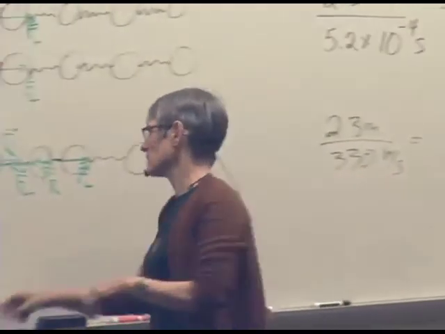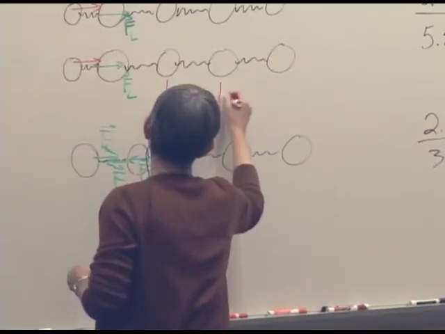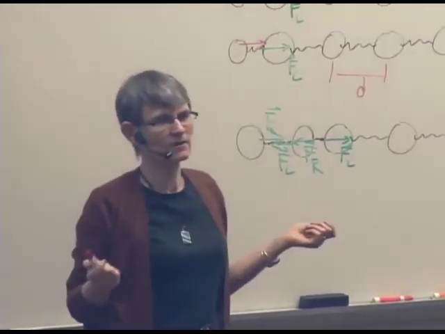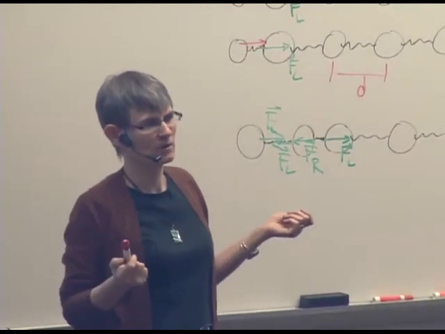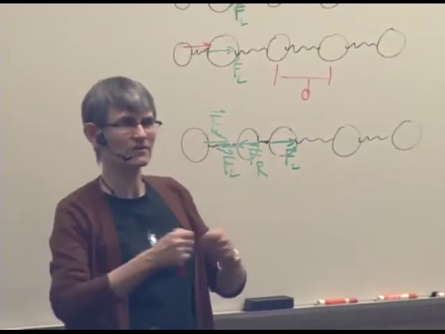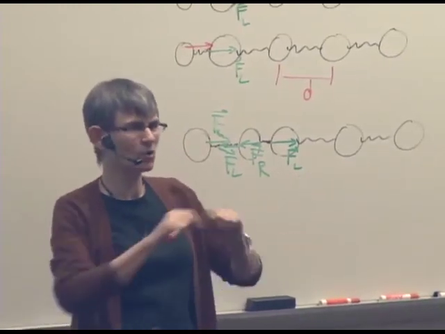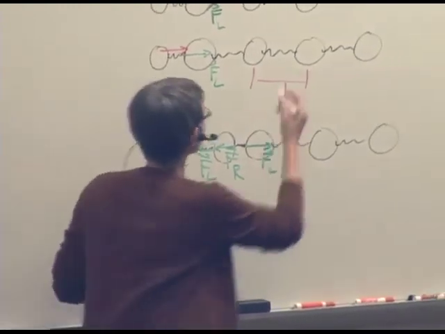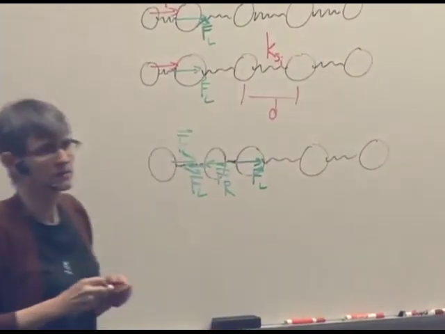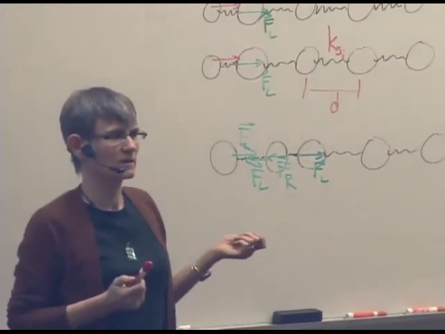Okay, so the length of a bond, that distance, that's going to be different. What else is different in a different metal? The spring stiffness. Some metals are really soft and some are really stiff, right? Gold is much softer than aluminum, so this interatomic spring stiffness is different. What else is different?